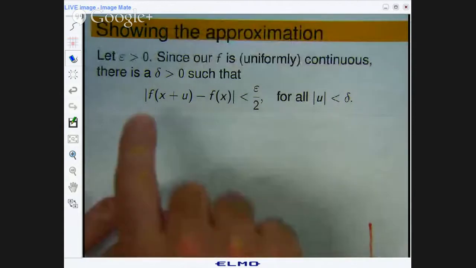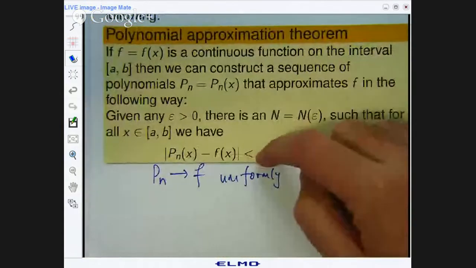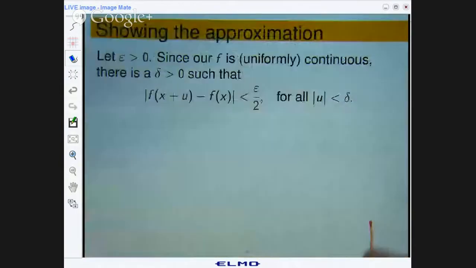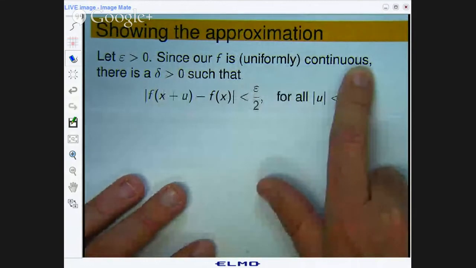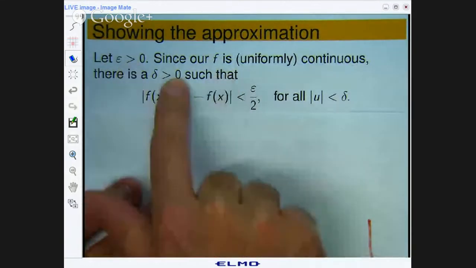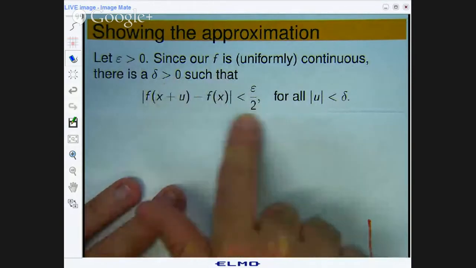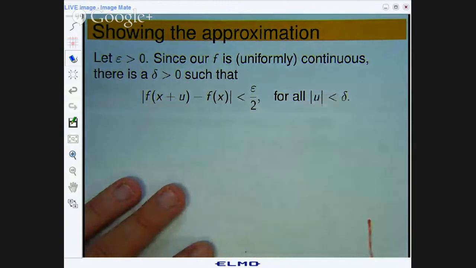Well, let epsilon be positive, and we're going to relate it back to the epsilon from the theorem. Our f is continuous, right? So by the definition of continuity, we can always find a delta that depends on epsilon, such that this difference can be made as small as we like, as long as u is small.